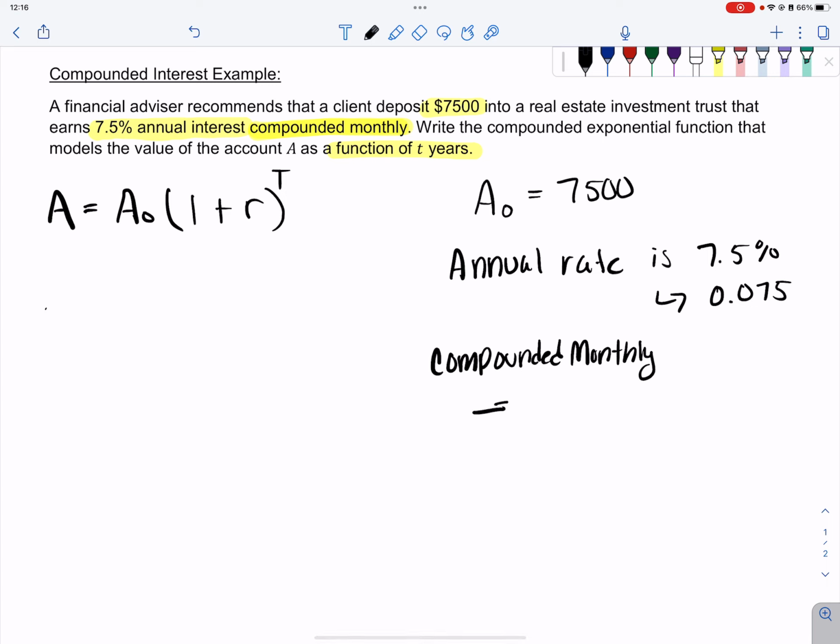This means we need to take our 0.075 and divide this by 12. And that gives us 0.00625.